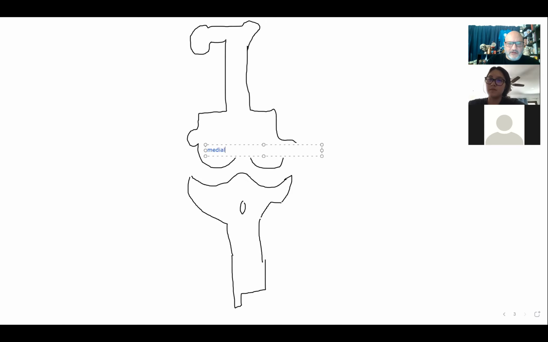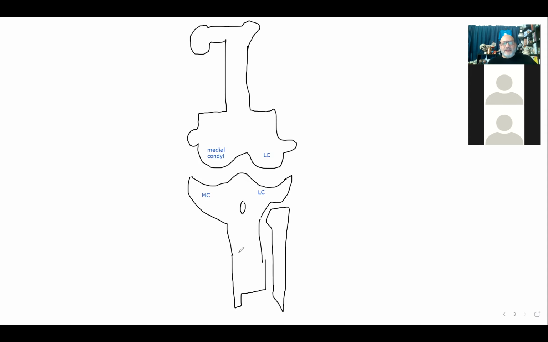So we have the medial condyle of the femur, the medial condyle of the tibia, the lateral condyle of the femur, and the lateral condyle of the tibia. Because remember, the fibula only comes up and nestles underneath the lateral condyle of the tibia.